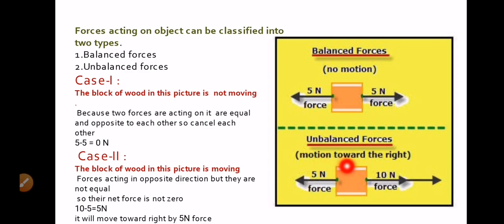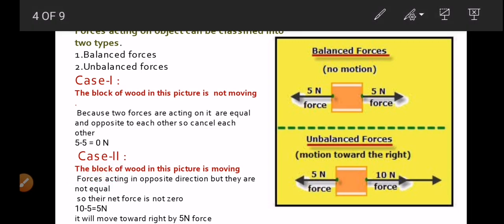It will move towards the right side because on the right side there is the greater force. The block of wood in this picture is in motion. Why? Because the two forces acting are not equal. So the net force is not 0. Like 10 minus 5 comes out 5. So the object will move towards that side where there is the greater force.